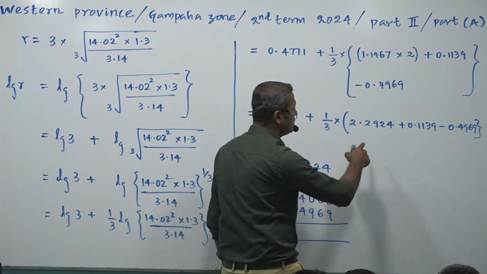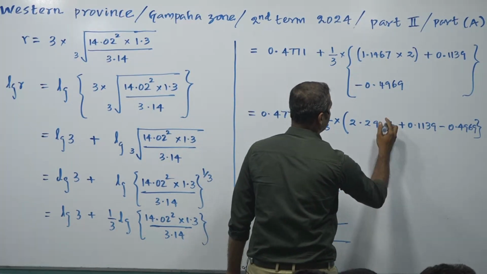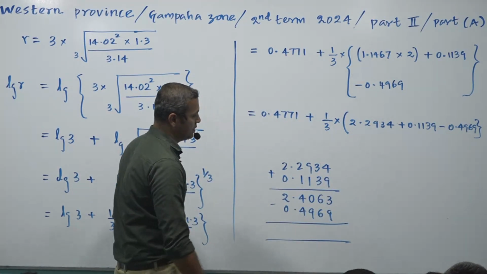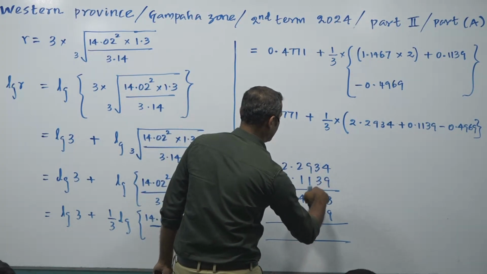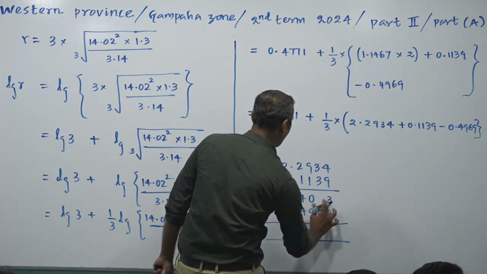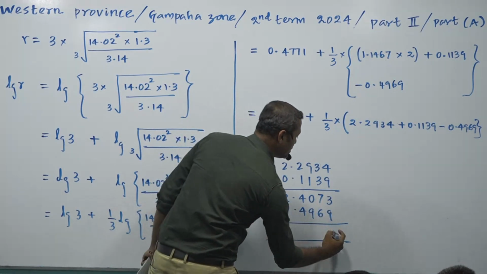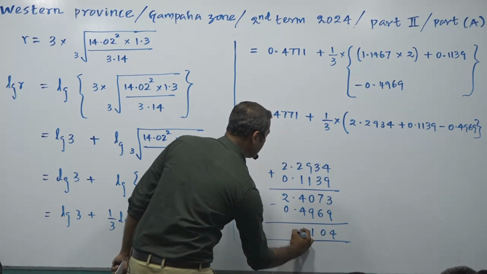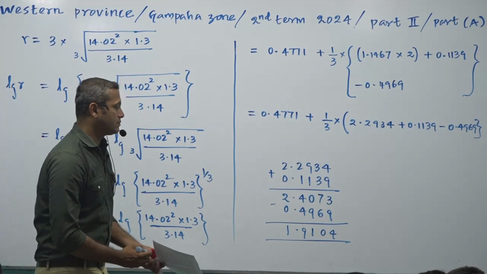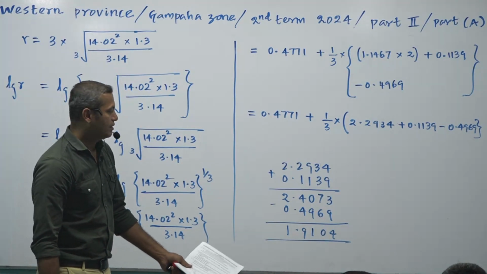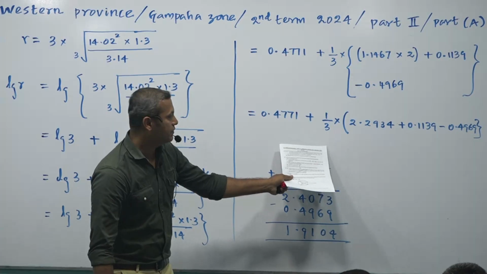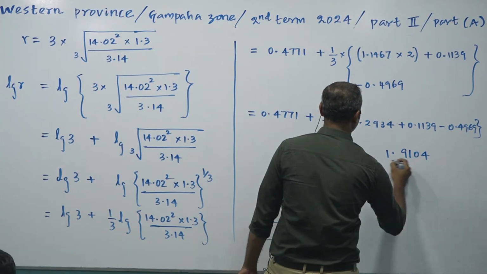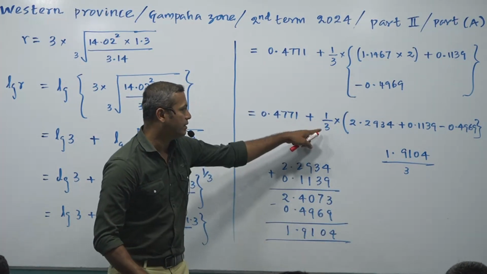Is this 2934? 13 minus 9, how much? 4, 0, 1, 9, 1. Yes or no? Now we have to divide this by 3. 1.9104 divided by 3. Because we have 1/3 power.